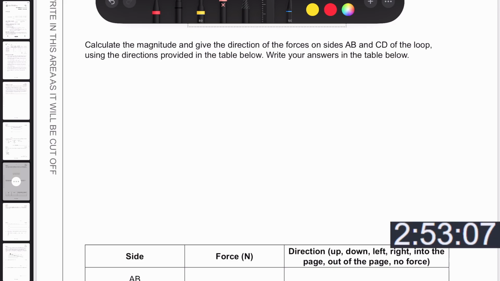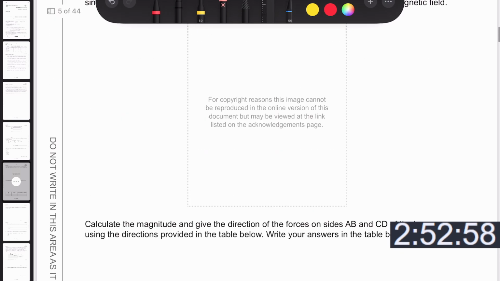Back. Calculate the magnitude and give the direction of the force on AB and CD of the loop using the directions provided on the table below.